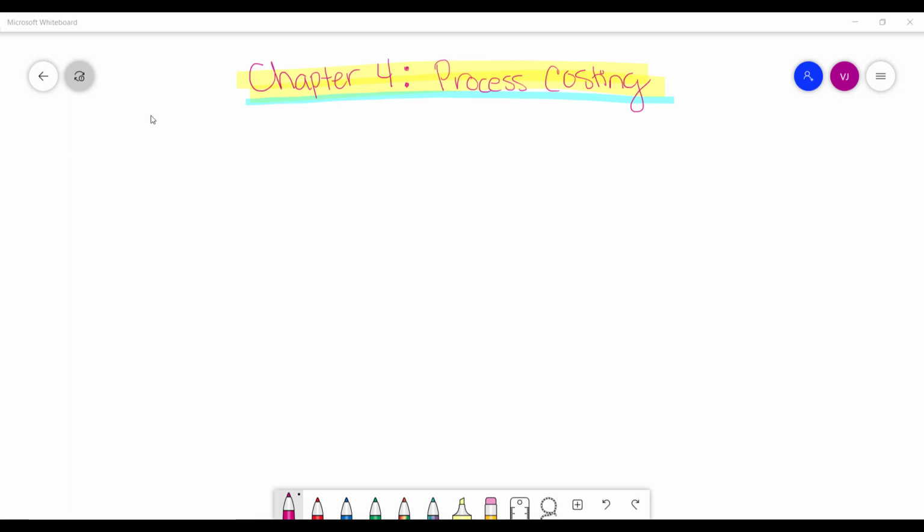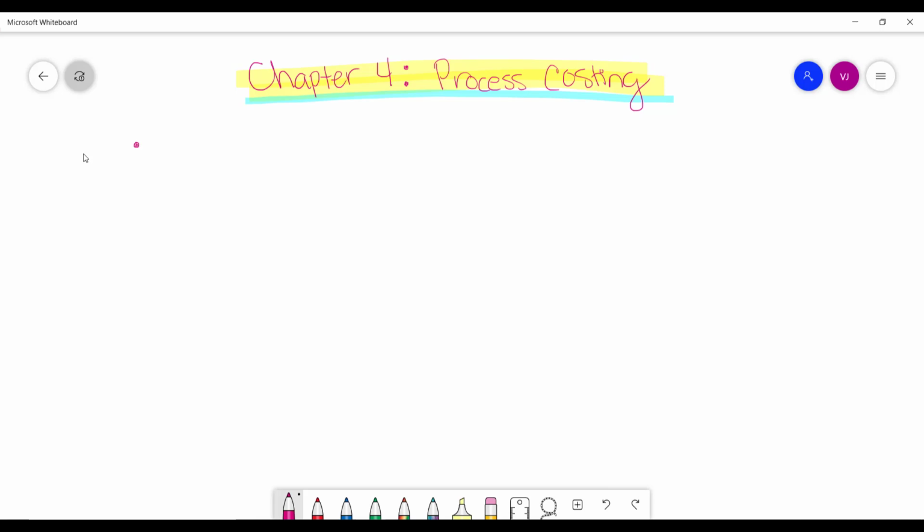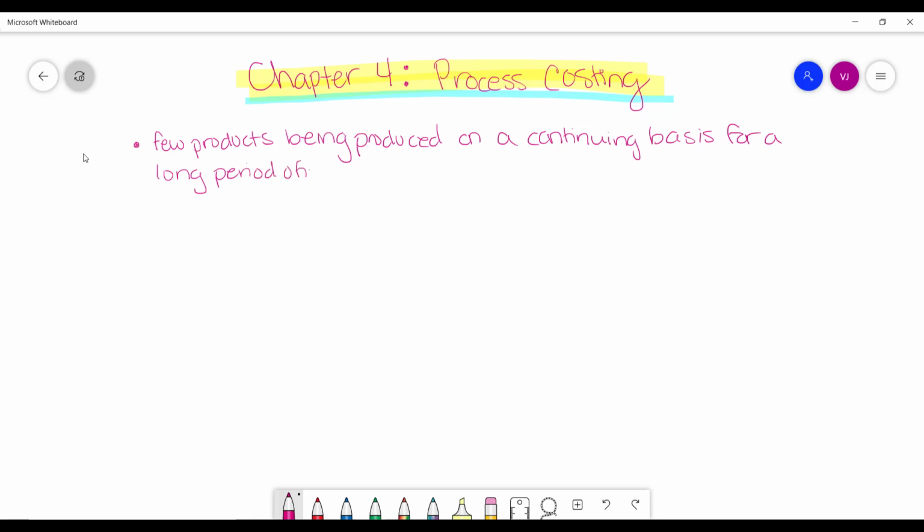So with process costing, it has some similarities, but there's also a lot of differences when we compare that to job order costing. With process costing, what makes it different is the fact that process costing is used when there are few products being produced on a continual basis, constantly on a continuing basis for a long period of time.